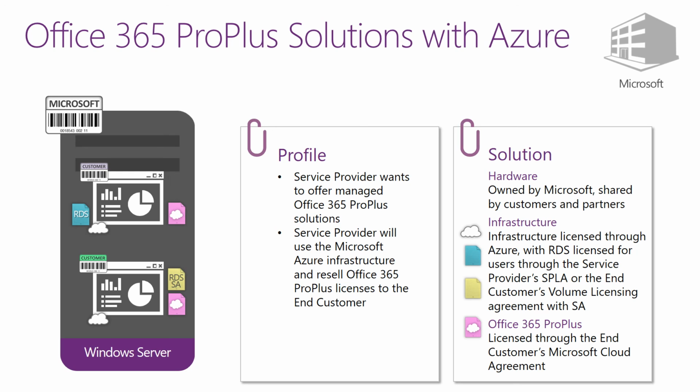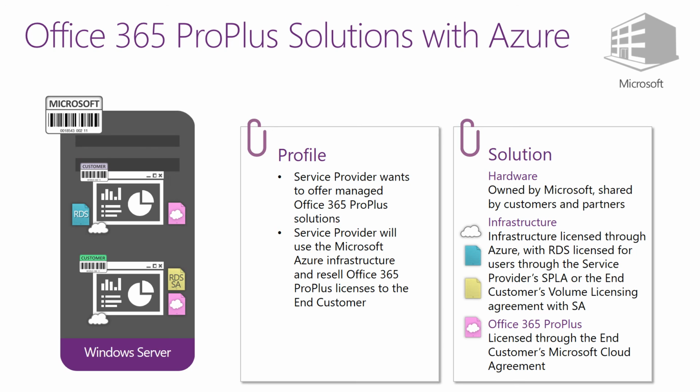Again, the service provider has sold Office 365 ProPlus licenses to the end customer through the Cloud Reseller program, and they're shown in pink as usual. And again, the rights for the end customer to use their licenses in this way, so in this situation to have Office 365 ProPlus installed and managed on Azure, is allowed through those shared computer activation rights.